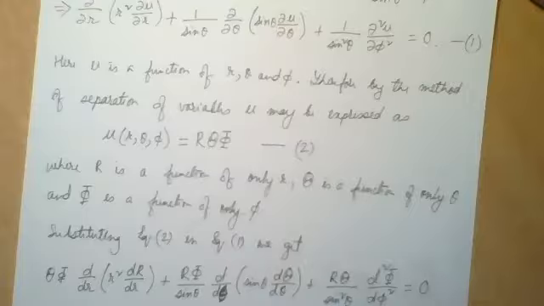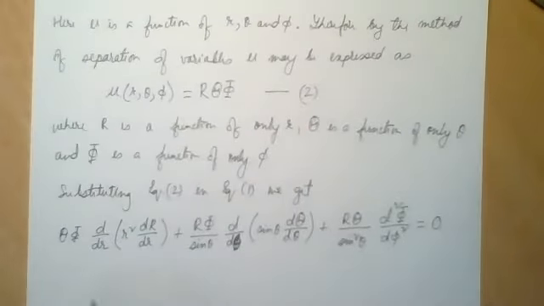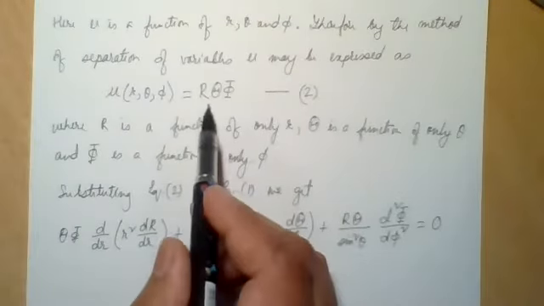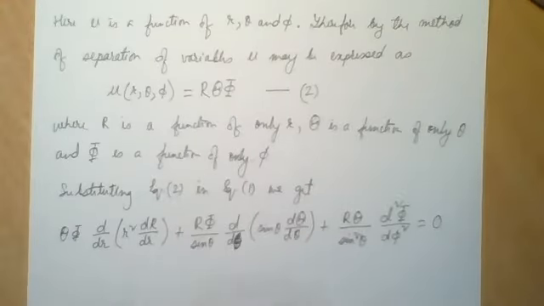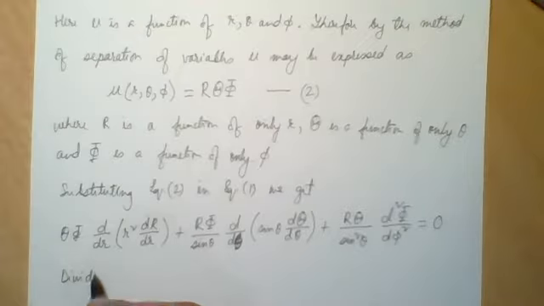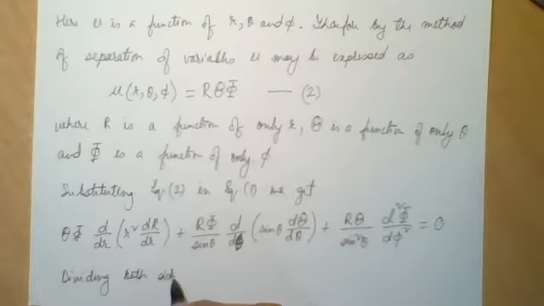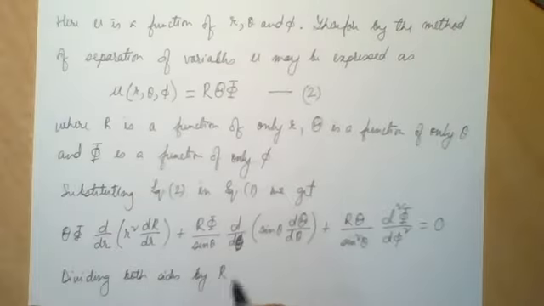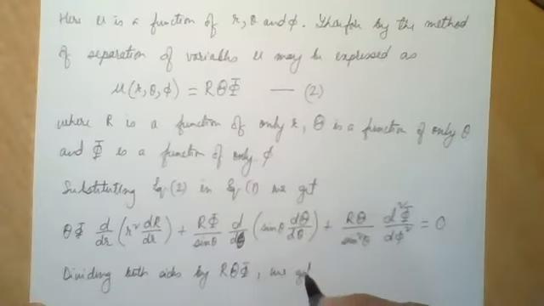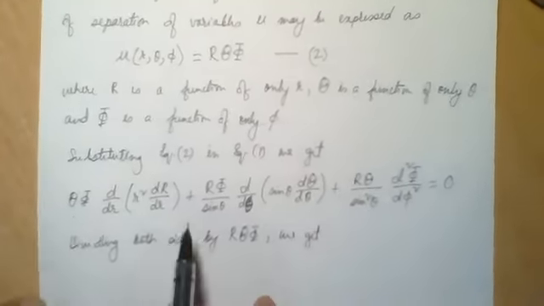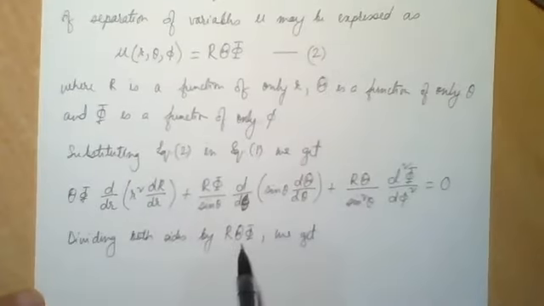Now what do we do next? Next, we divide both sides by capital R, capital theta, capital phi. We get, this theta and phi will cancel out with this theta and phi.